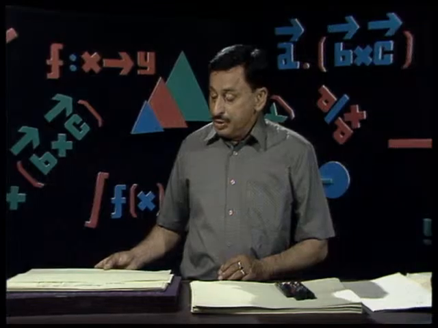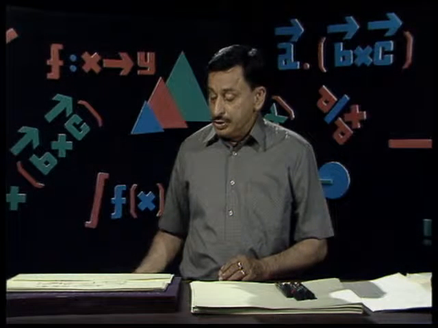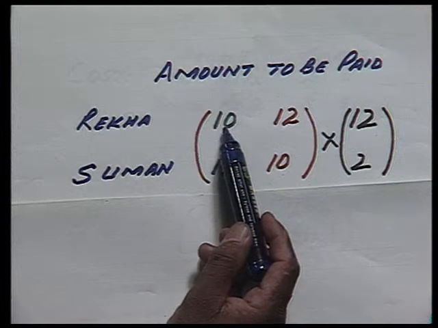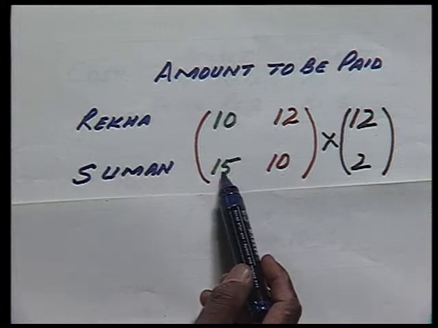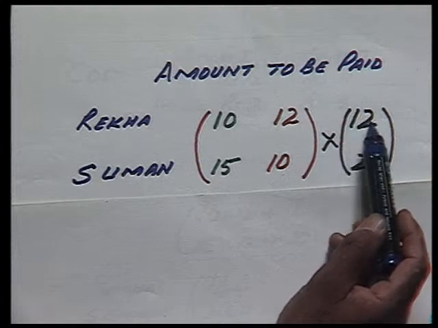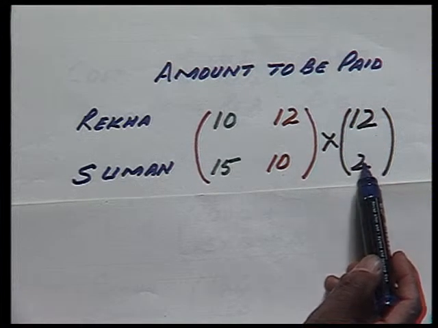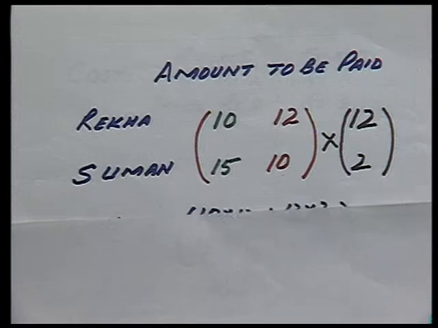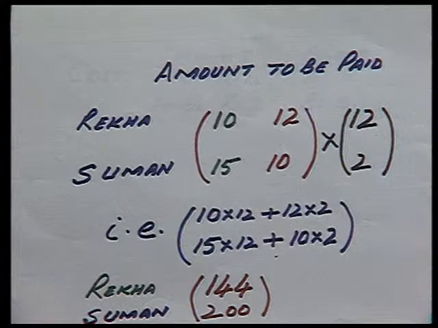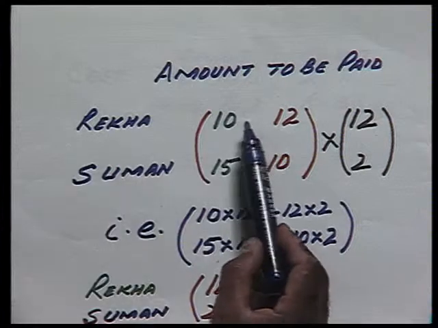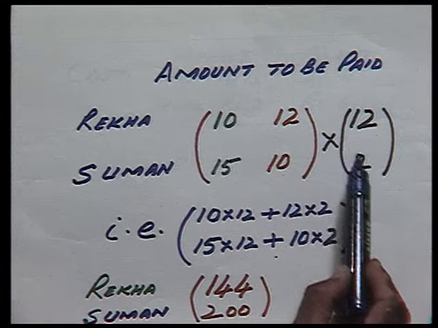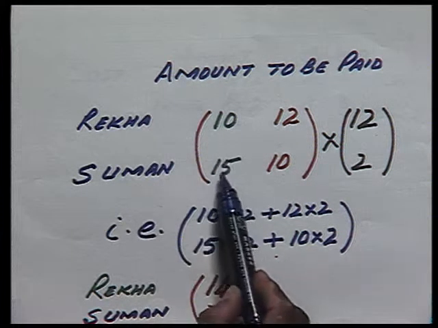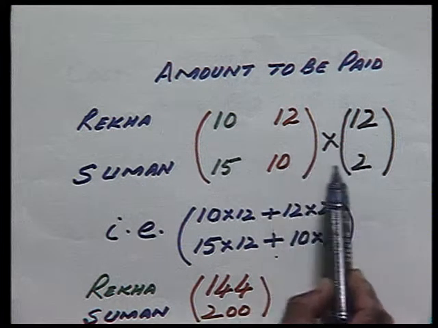So, we write this information for the two friends like this. Remember, this was 10 notebooks, 12 pencils, 15 notebooks, 10 pencils, cost of one notebook and cost of one pencil, and we want to find out the total cost. So, for that we do this exercise of multiplying 10 times 12, 12 times 2, this is the cost coming out in respect of Rekha, 15 times 12, 10 times 2.